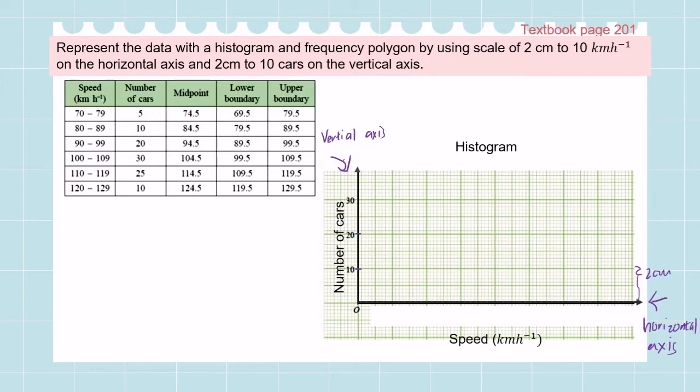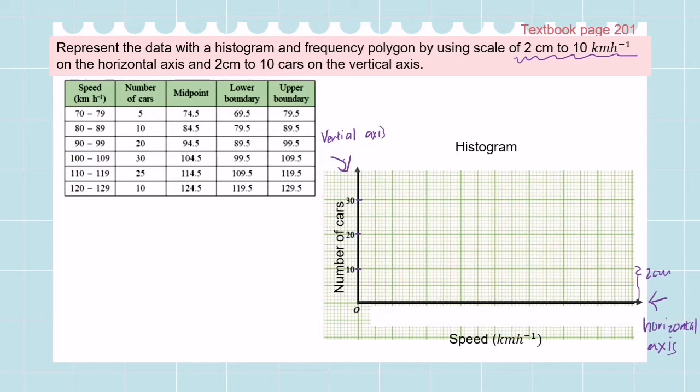So it means that here after 10 is 20, after 20 is 30. So for the horizontal axis, the scale is 2 cm to 10 km per hour. But you cannot start with 10 km per hour. If you start with the number 10 km per hour, your graph is not enough for you to plot the point or draw the bar.